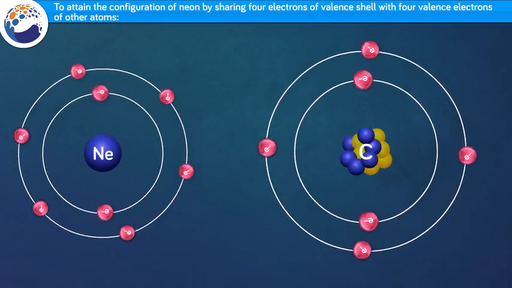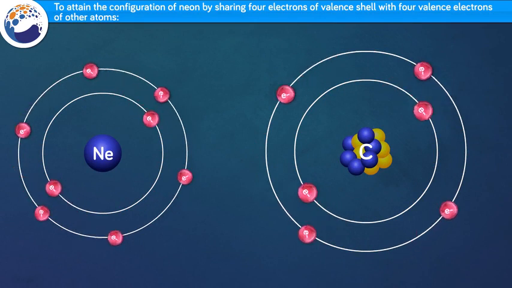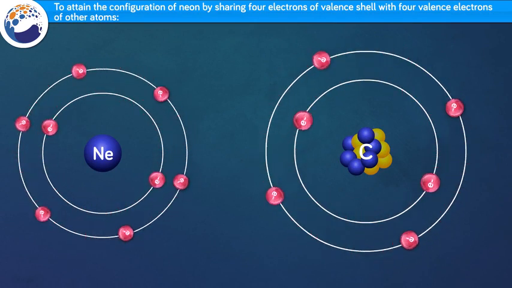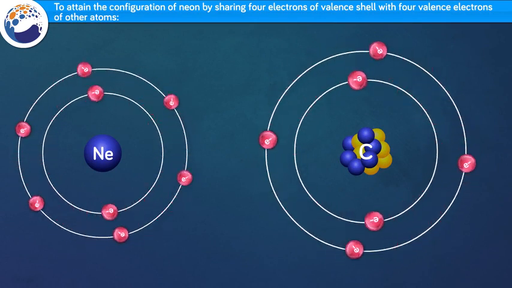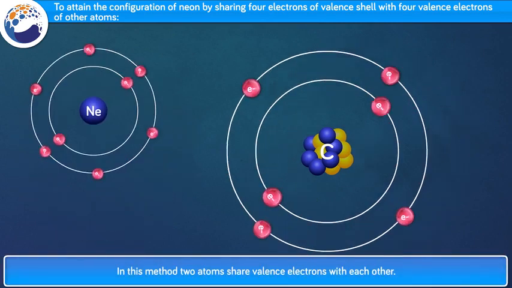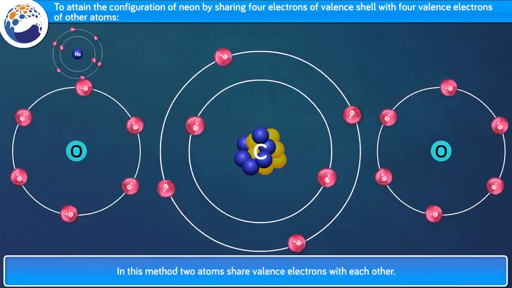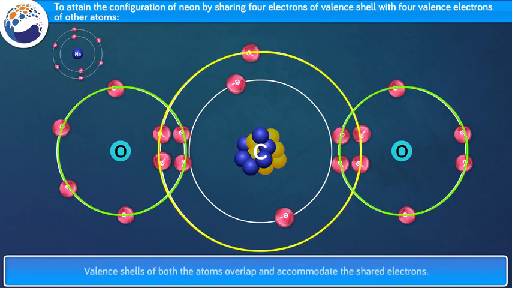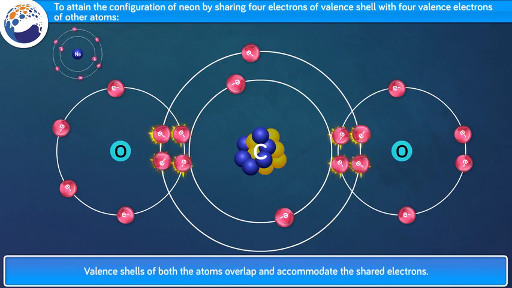The third way is to attain the configuration of neon by sharing the 4 electrons of the valence shell with 4 valence electrons of other atoms. In this method, 2 atoms share valence electrons with each other. Valence shells of both the atoms overlap and accommodate the shared electrons.